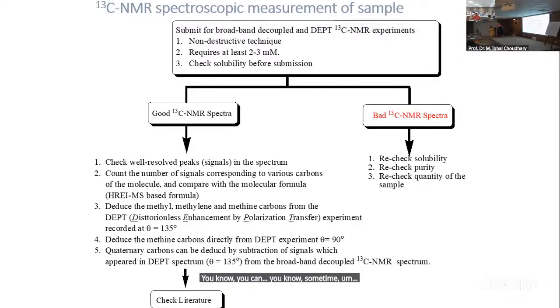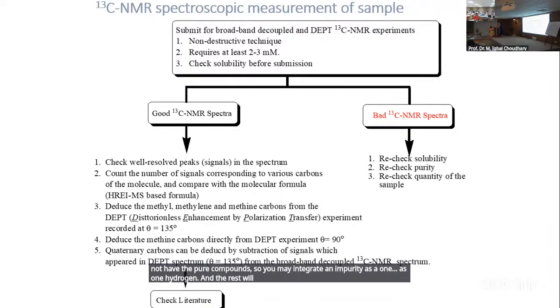Sometimes the NMR persons who are doing this for you are technicians. That's why purity is very important. If you do not have pure compounds, you may integrate an impurity as one hydrogen, and the rest will be integrated accordingly.